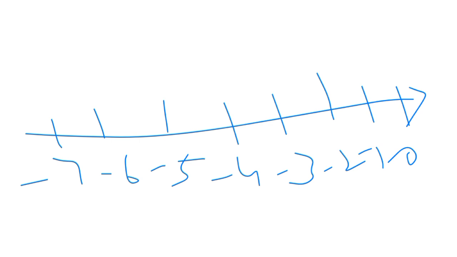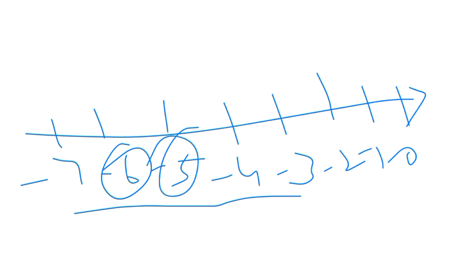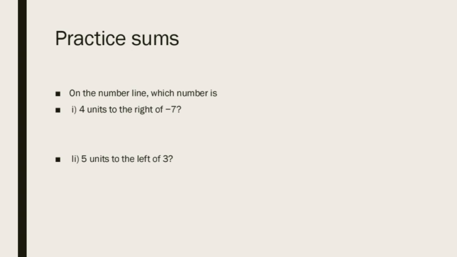From -7, we can move 4 units to reach -3. So the required numbers are -6, -5, -4, -3. The answer is -6, -5, -4, -3.